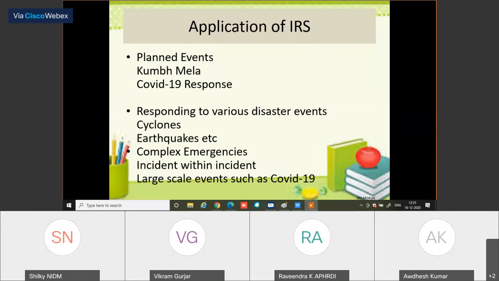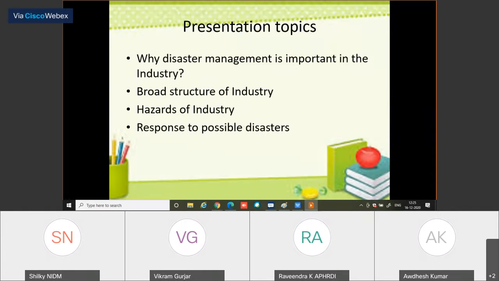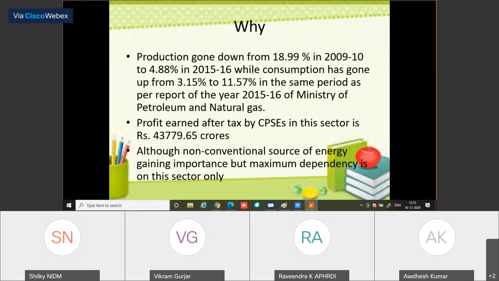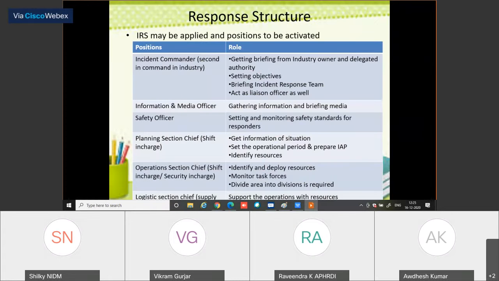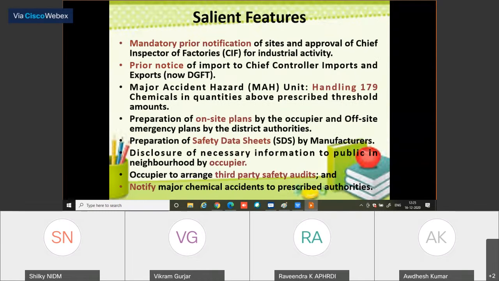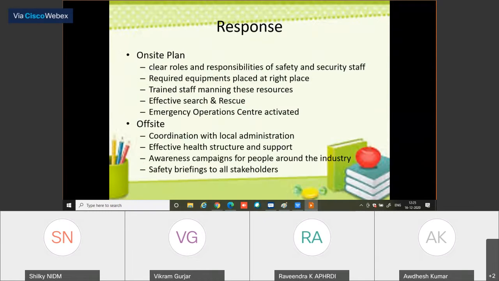This IRS system provides a way to organize various functions, tasks, and staff within the overall response process in which multiple organizations are involved.